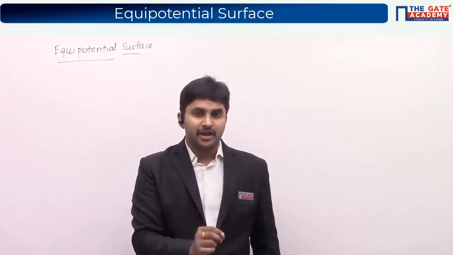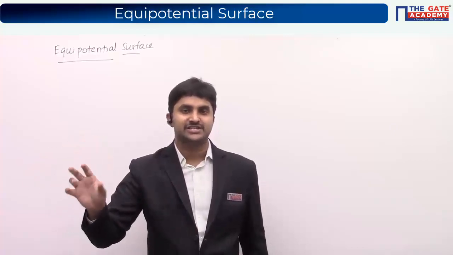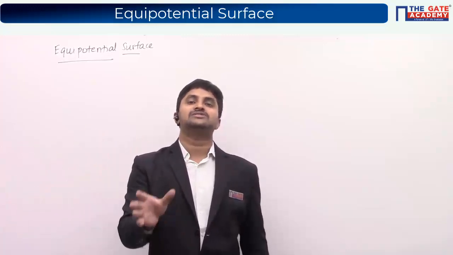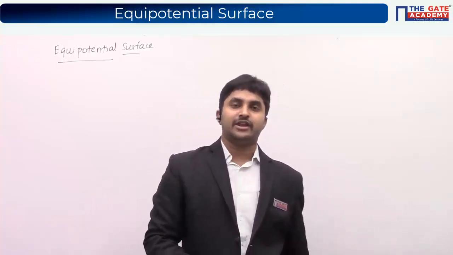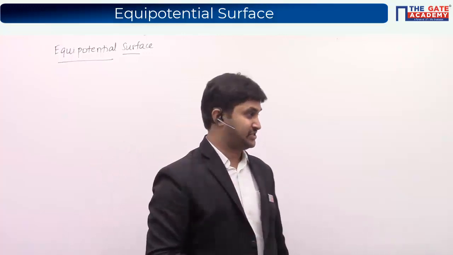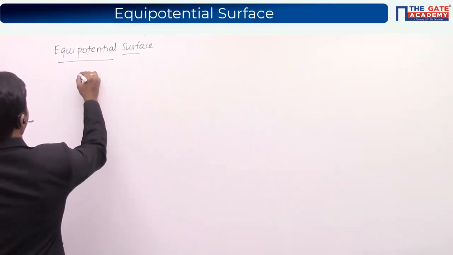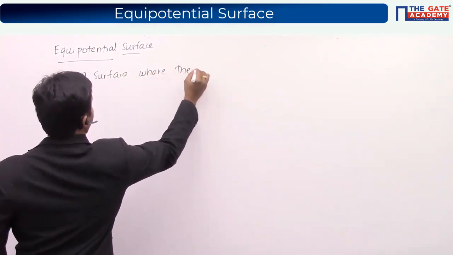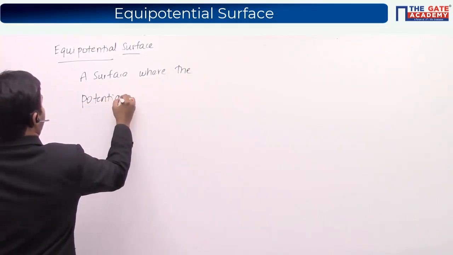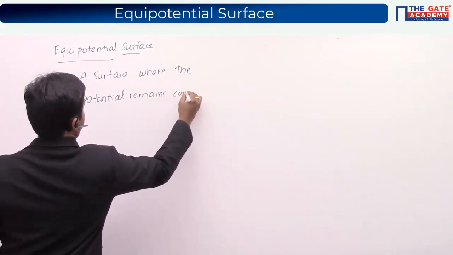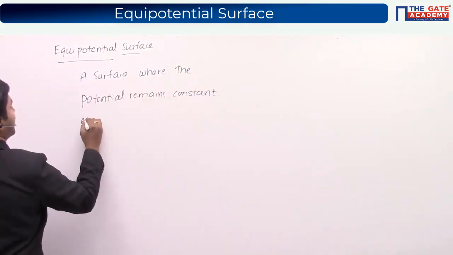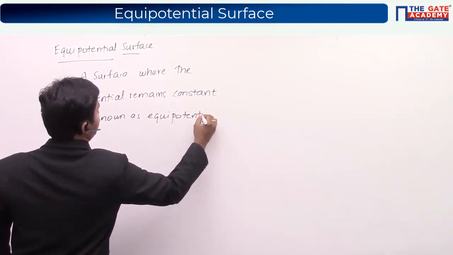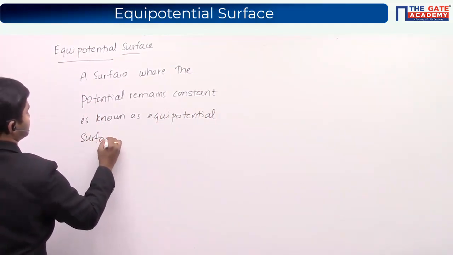If the value of potential at each and every point on the surface is the same, equal, then we are going to call such a surface an equipotential surface.